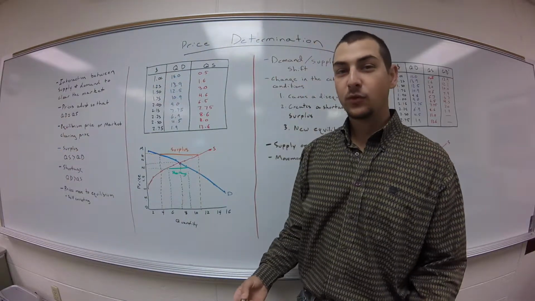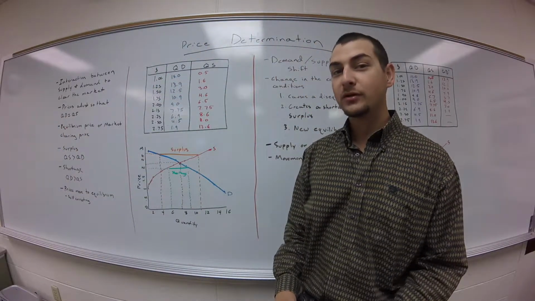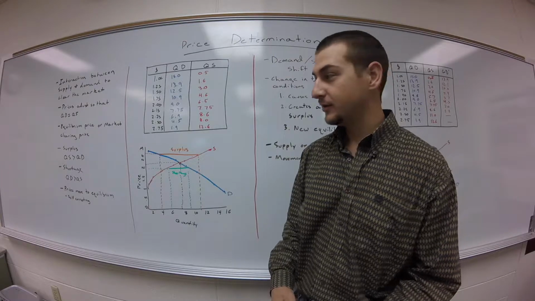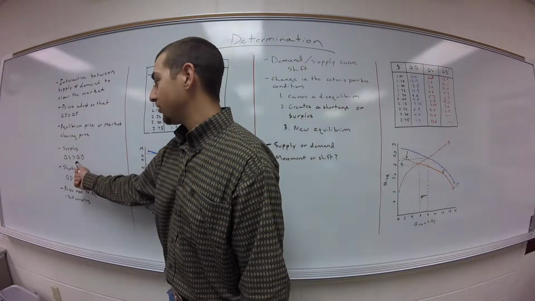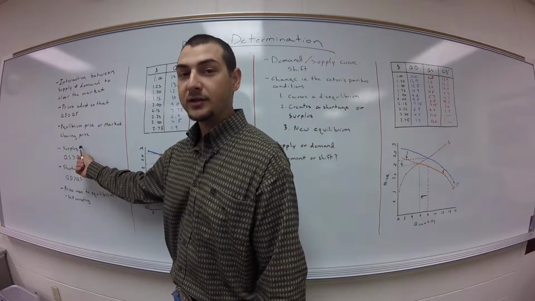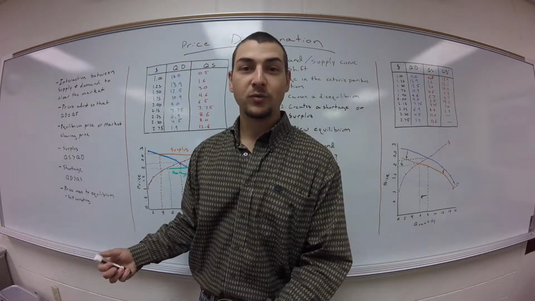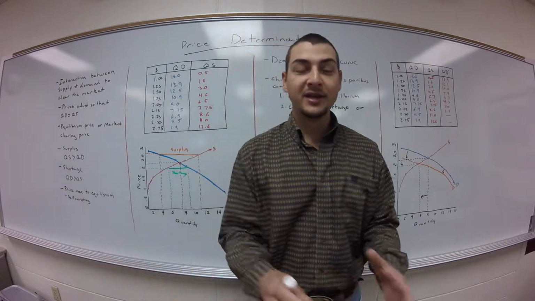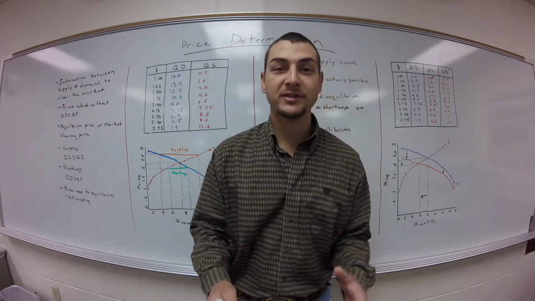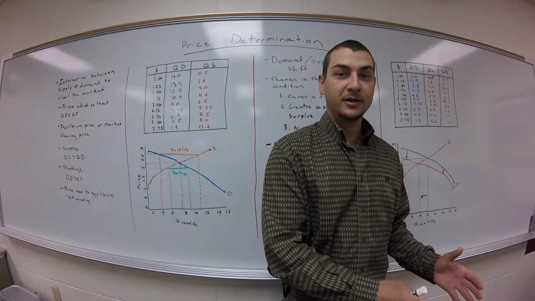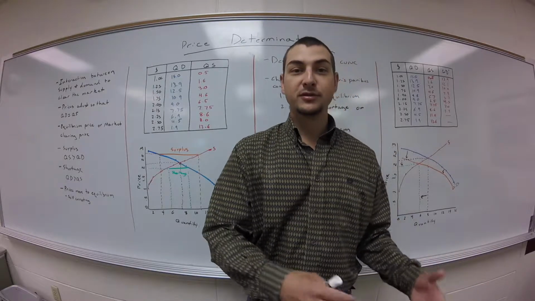So what happens if quantity supplied is greater than quantity demanded? If quantity supplied is greater than quantity demanded, we have what's called a surplus. A quick example going off the auction barn is there are more cattle coming in at that single specific price than what is being bought. Another example that I go back to is lettuce.